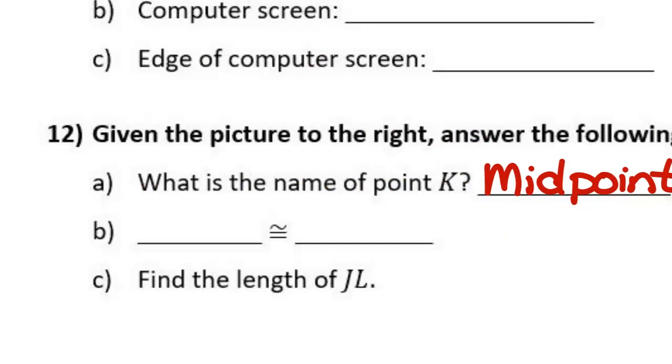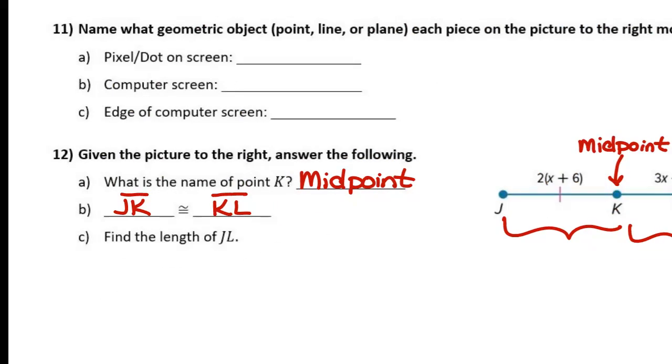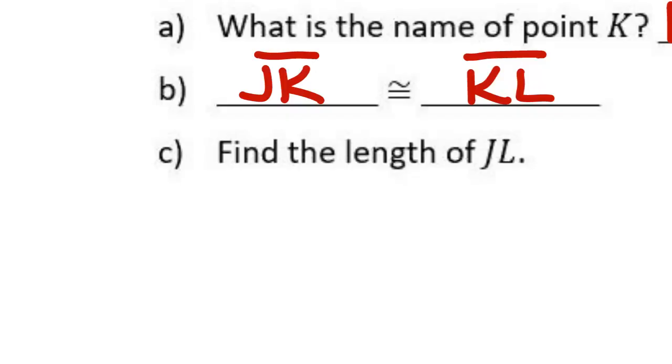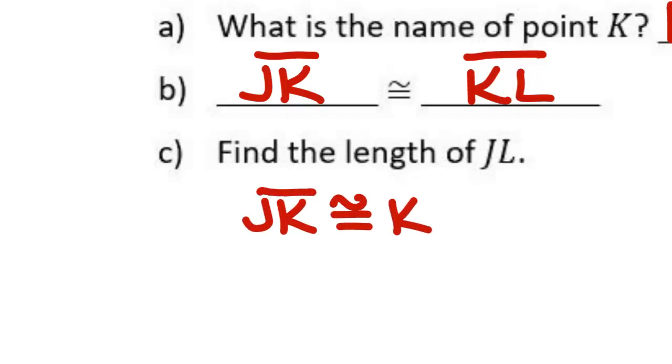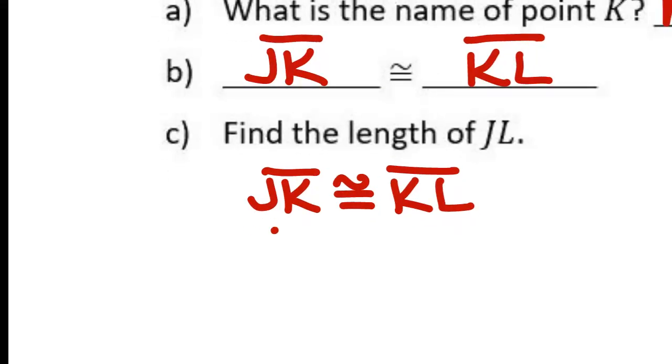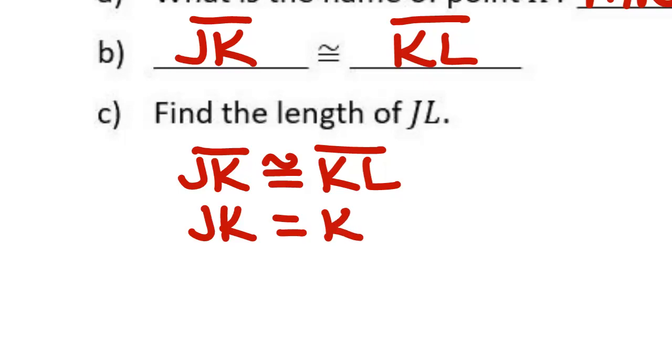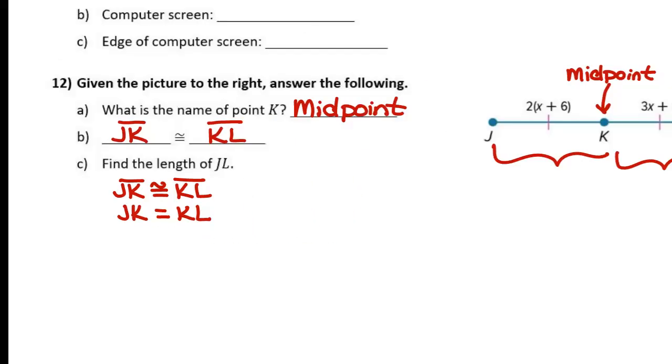All right, now they want me to write down the congruence. What are the 2 segments that are congruent? JK with a dash over the top and KL with a dash over the top. Then it says find the length of JL. Well, I start off with knowing that JK is congruent to KL, which means the measurement or the length of JK is equal to the measurement or the length of KL.